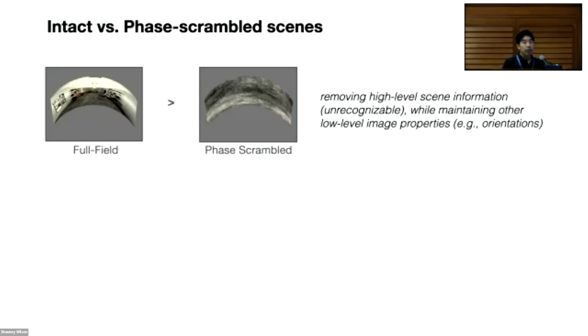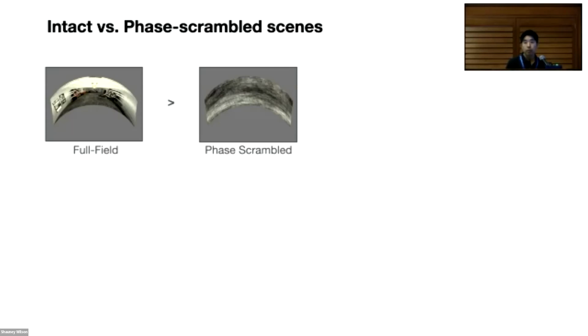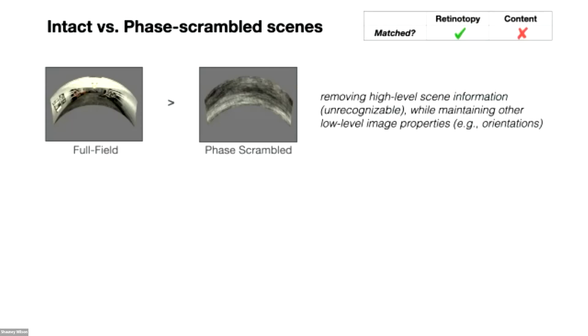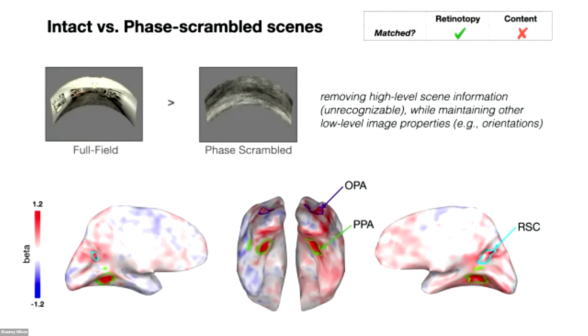First, we compare the intact and the phase-scrambled scenes, which removes the high-level scene information, making it unrecognizable while maintaining other low-level visual properties. In this contrast, the retinotopy footprint is matched, but the content is different. And this is what we found.